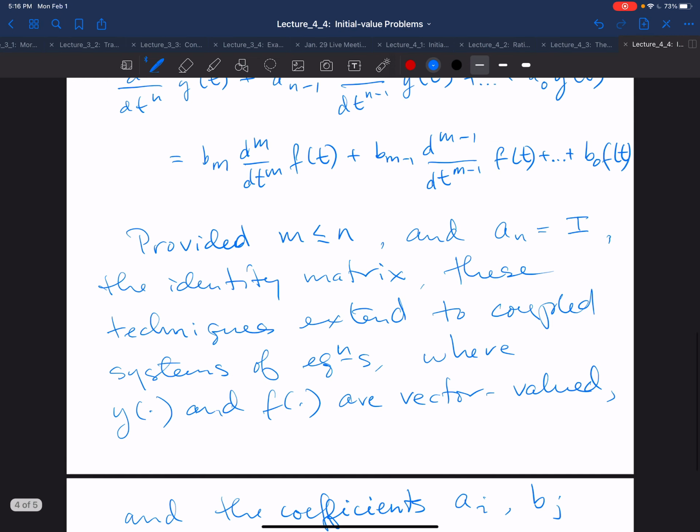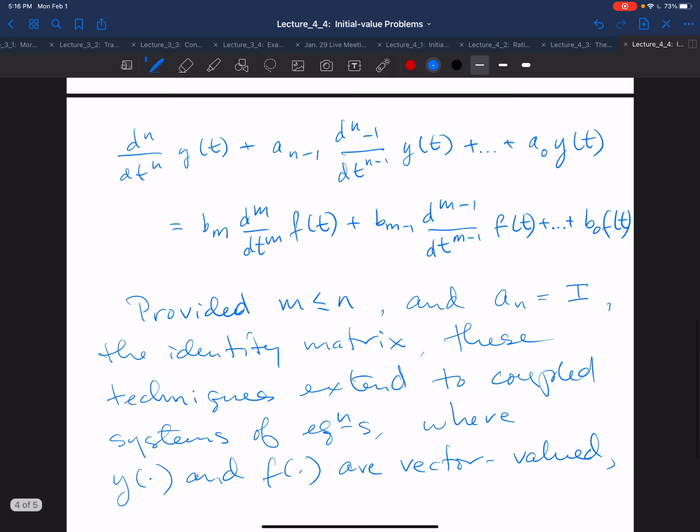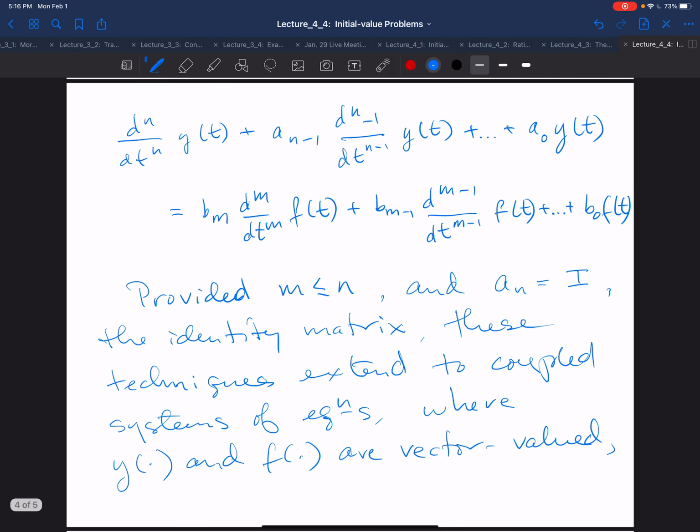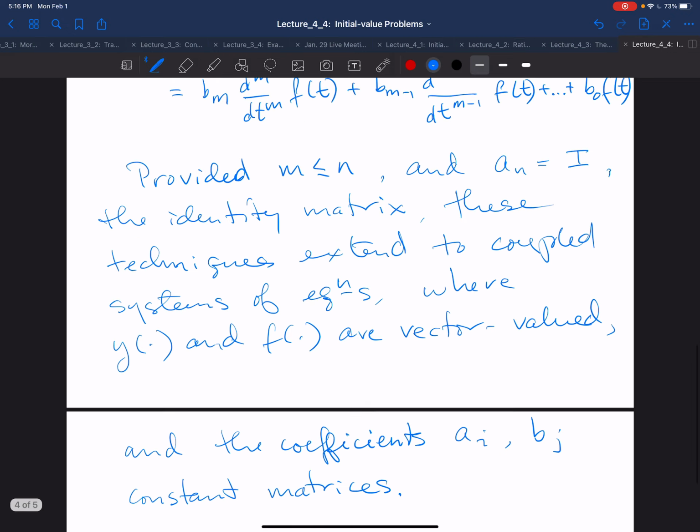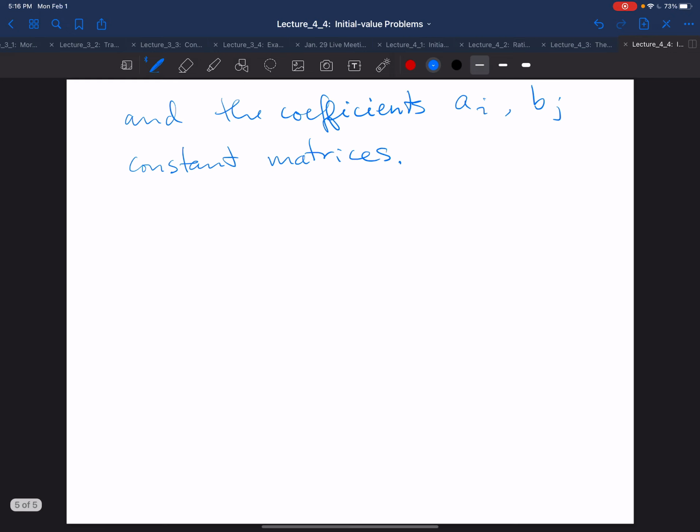So that's another big advantage of this approach. Under those conditions, it extends straightforwardly to the case where y and f are vector valued, in other words, the case of coupled systems of equations.